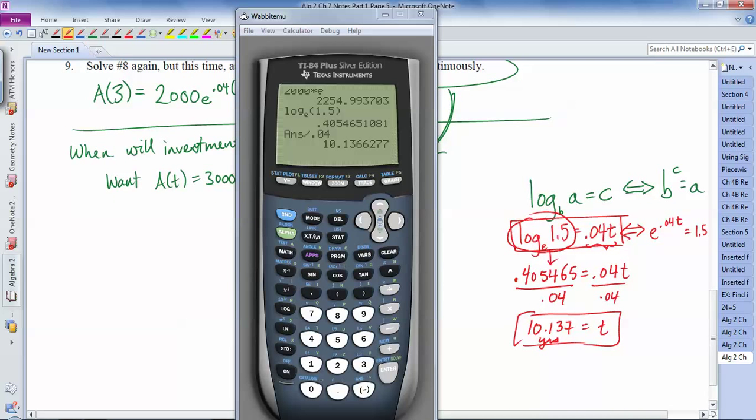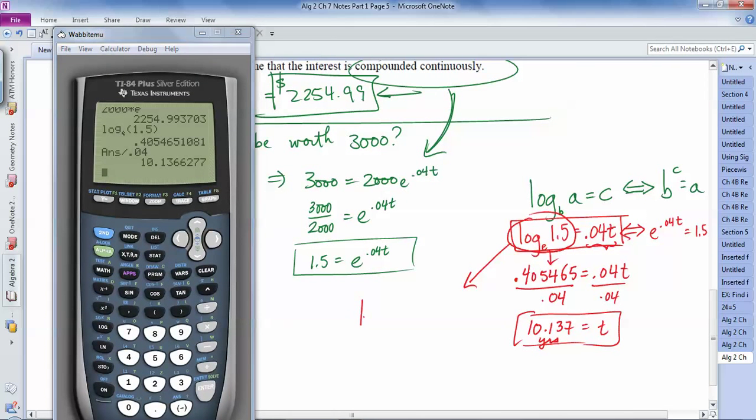By the way, there's another way of writing log base e of 1.5. It turns out e is such an important number that if you have log base e, they have a special term for it. That's actually called the natural logarithm. And so that gets written this way instead. You write ln for logarithm natural, I guess.